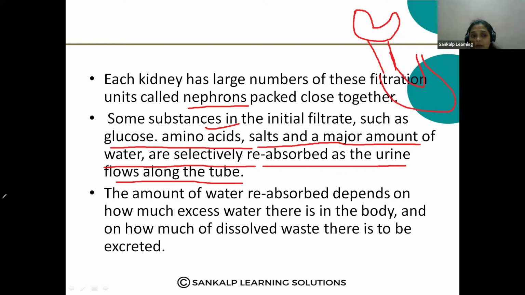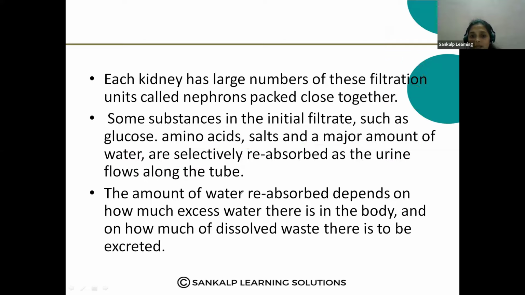In the tubular part of the nephron, reabsorption of all these materials takes place. The amount of water reabsorbed depends on how much excess water there is in our body and how much waste there is to be excreted. So the remaining products are released into the collecting duct.